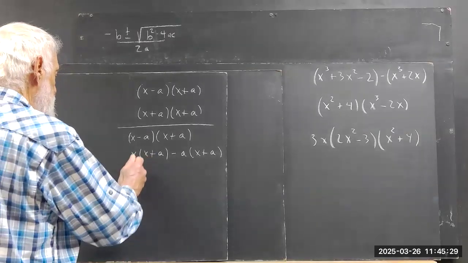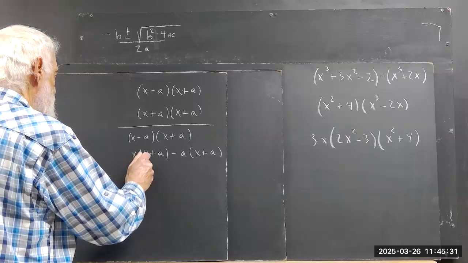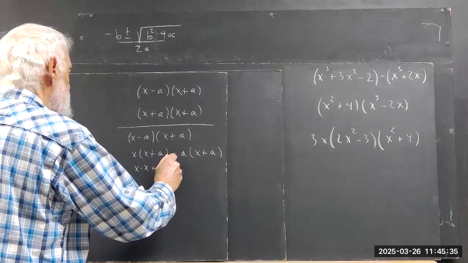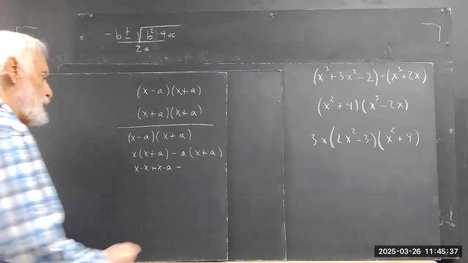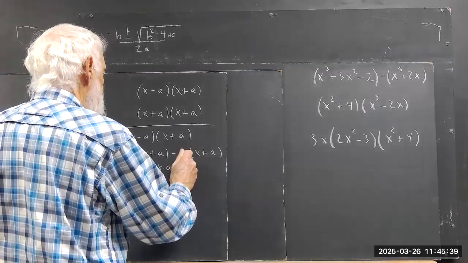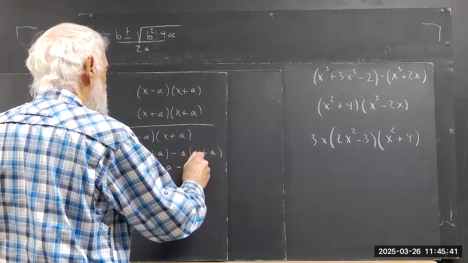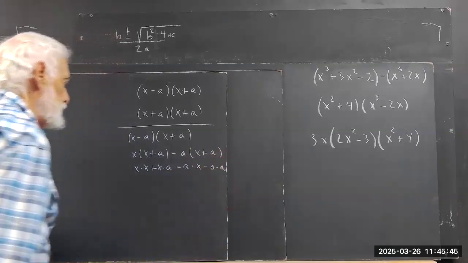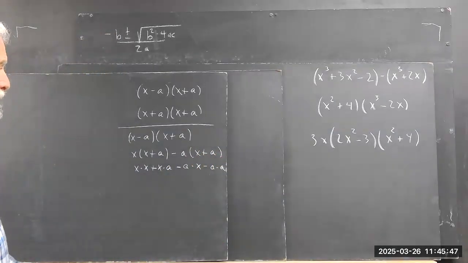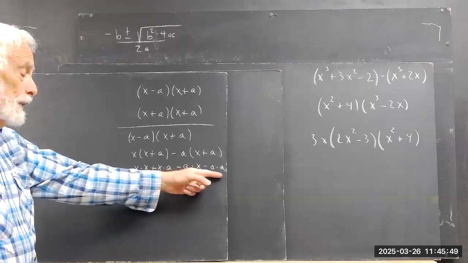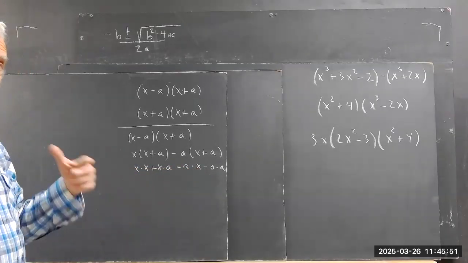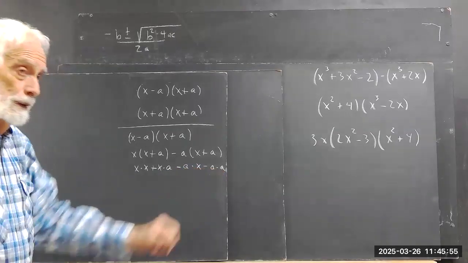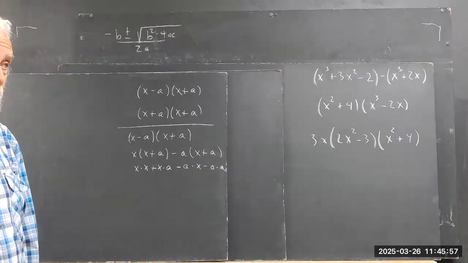Well, if I multiply this out, I have x times x plus x times a. And then it's minus a times x minus a times a. Most of you don't want to skip this step, because I'm seeing a lot of mistakes that wouldn't be made if you didn't skip it.